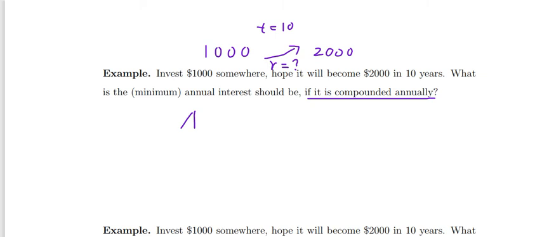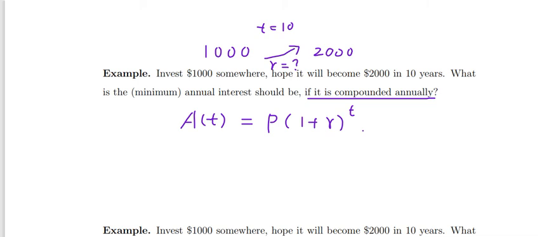You say A(t), the amount of my money after time t, equals principal multiplied by (1 + r)^t, right? So this is compounded annually. We can also regard this m as 1 year, 1 time period. So just plug into this formula.